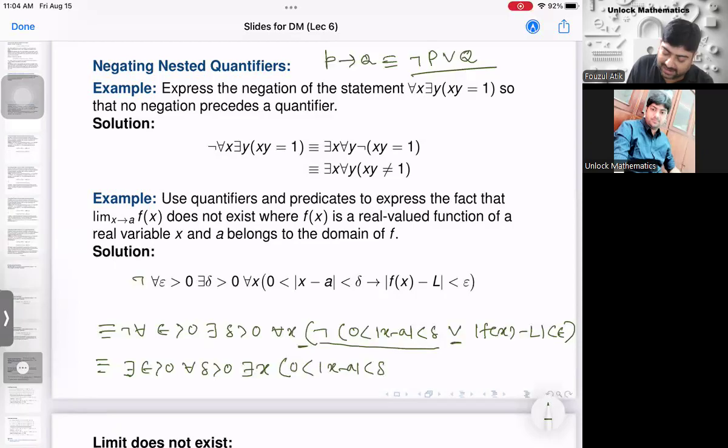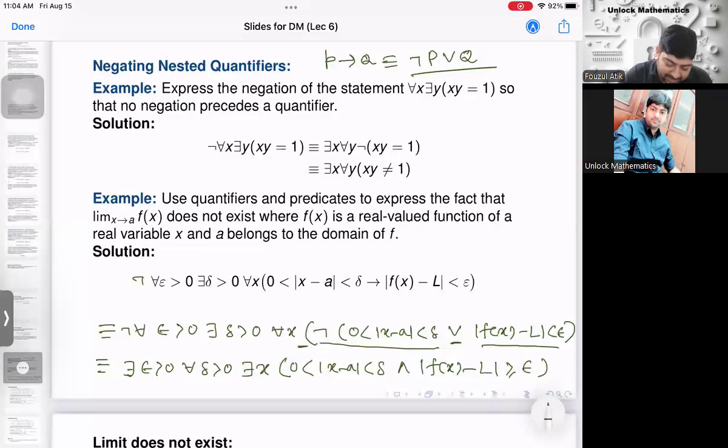Then or will become and, and the negation of this one: mod of f(x) minus L is greater than or equal to epsilon. Our proof is done. This is what you have to prove, the expression that the limit does not exist.